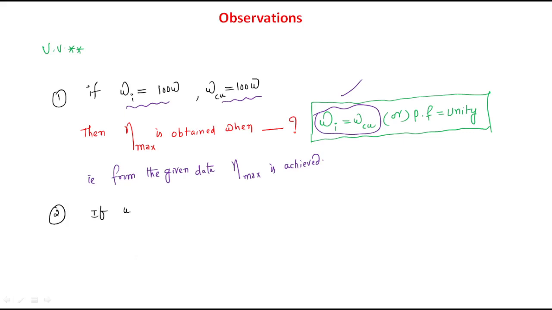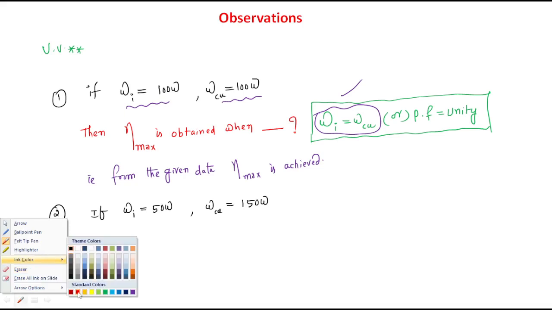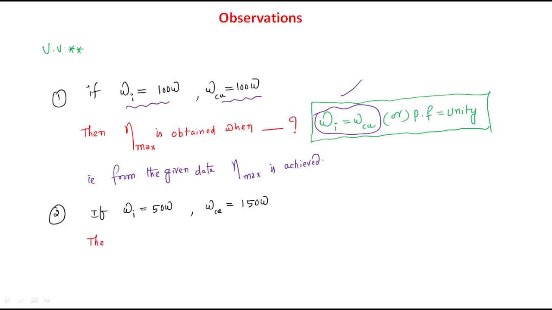if iron loss is, for example, 50 watts and copper loss component is, for example, 150 watts. The question is, what are the components of Wi and WCU at maximum efficiency?